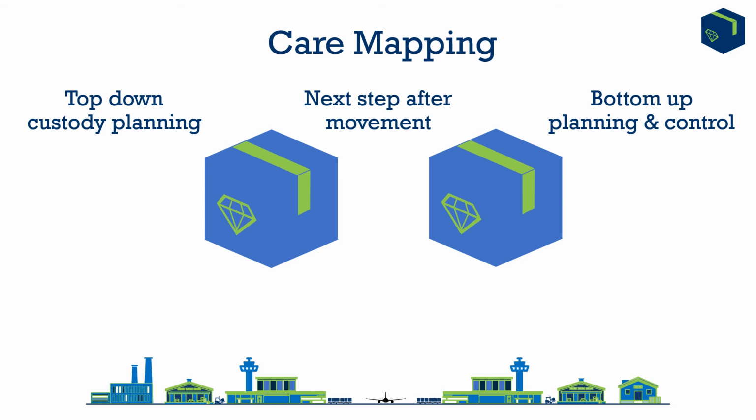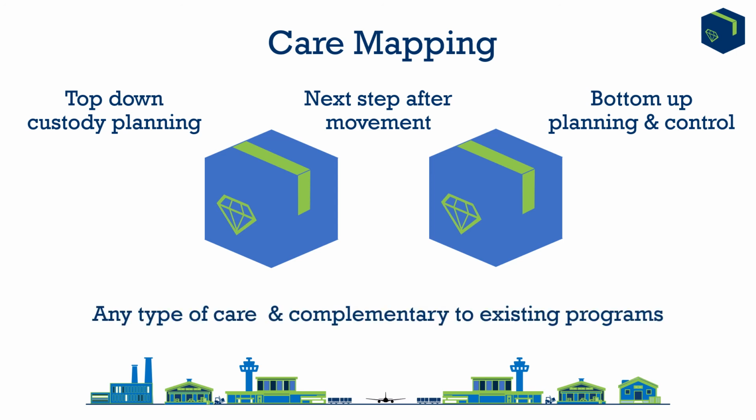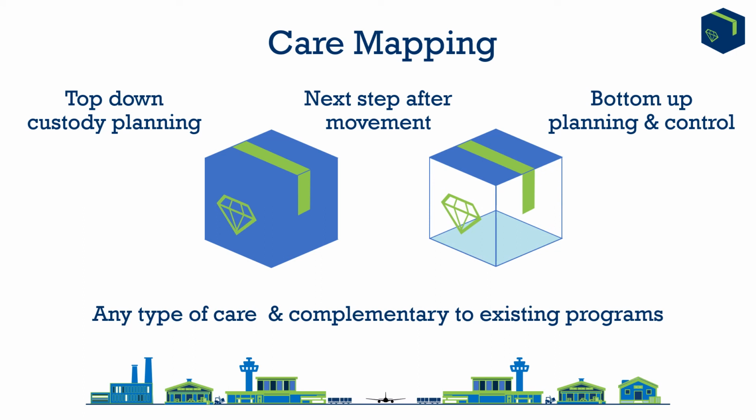By doing so, better care can be given to the shipment and the entire quality control process. This is complementary to any existing quality program such as GDP. And this makes the entire process for moving a shipment from origin to destination far more transparent.